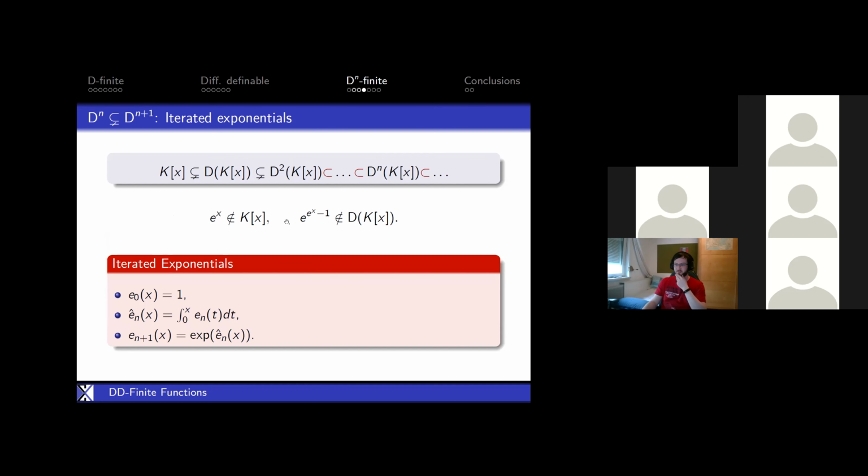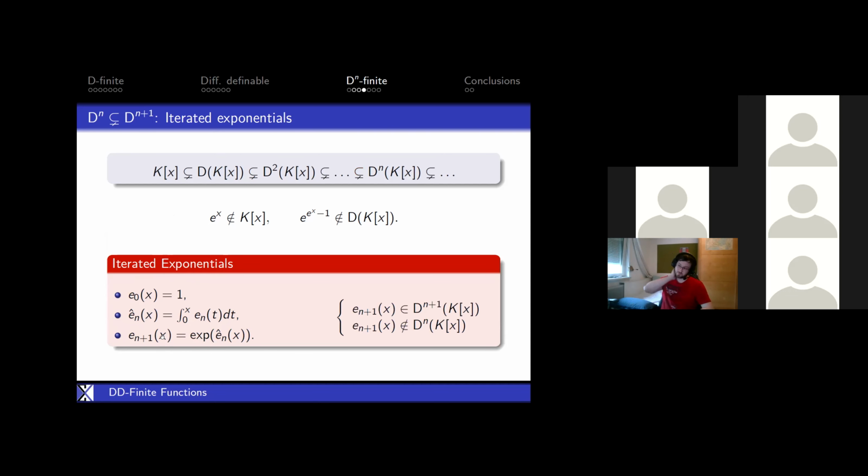And the idea is just to extend this exponential idea, right? So we start with E0, the constant one, and then we define the next iterated exponential as the exponential of this integral over here. And you can see here, the first exponential will be e to the x, then the second iterated exponential will be e to the e to the x minus 1, and so on. Okay, it's just this procedure over here.